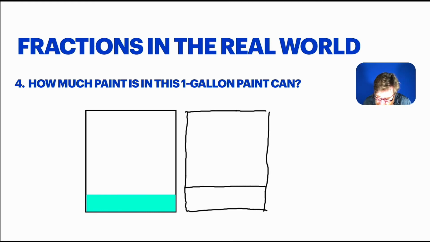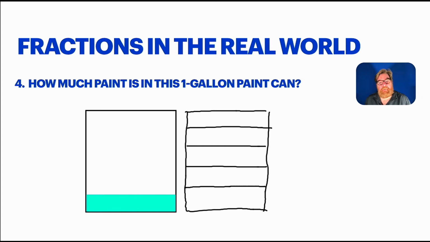So 1, 2, 3, 4. All right. Again, my divisions are not perfect, but okay, let's see what we got. It looks like, hey, not bad. All right, maybe it's like 1/5 of a gallon. It's not bad, not bad. That's 1/5 of a gallon.